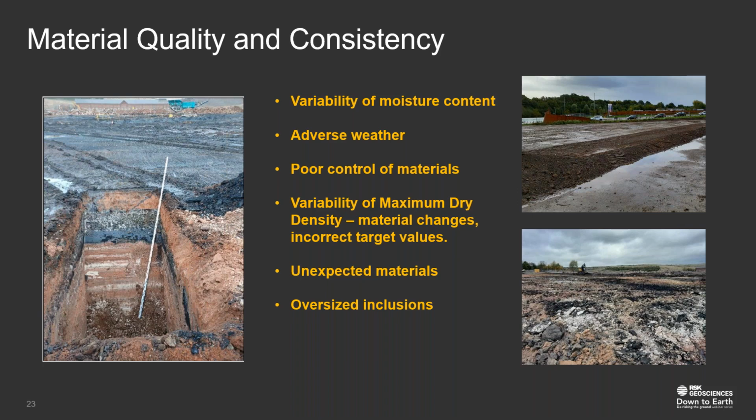So you need to be undertaking optimum moisture content and maximum dry density tests throughout the works, just to check that your target values are accurate and the material hasn't changed. It's no good just doing them at the beginning of the job and then working to that target, because that target may become outdated through a change of material during the life of the job.